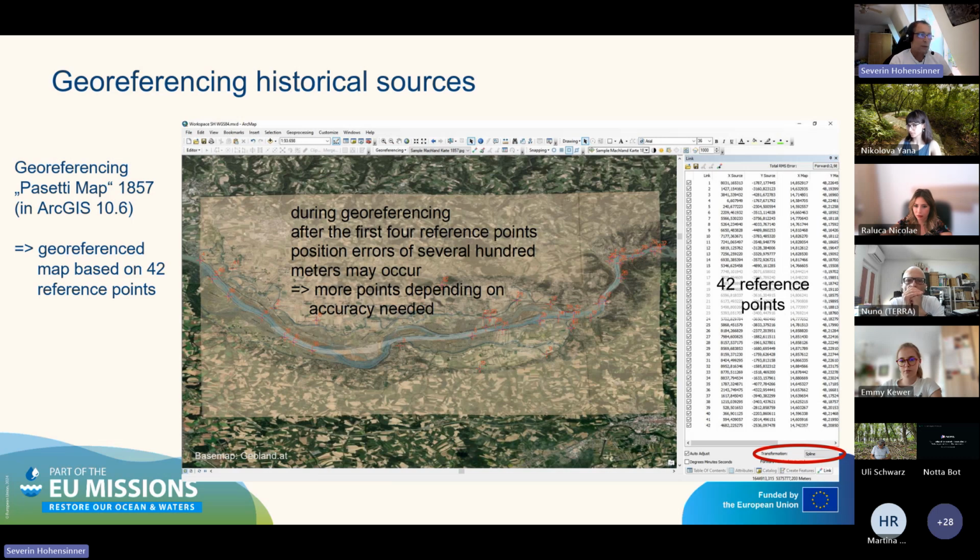We already had maps with more than 100 reference points per sheet of map. But it depends on the power of your computer to calculate this, of course. Many only georeference with 4 points at the corner points of the maps, but normally then you have great errors in the middle of the map.